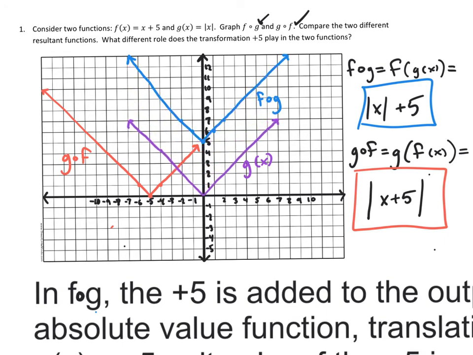Ta-da! We'll just add that in there in orange. So this is the translation by the vector -5, 0. And this is the translation by vector 0, 5.